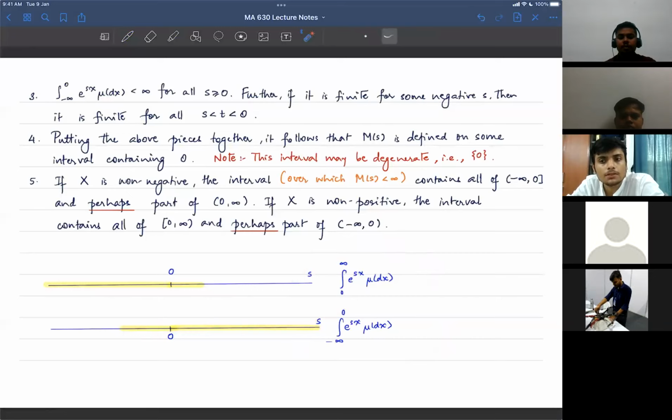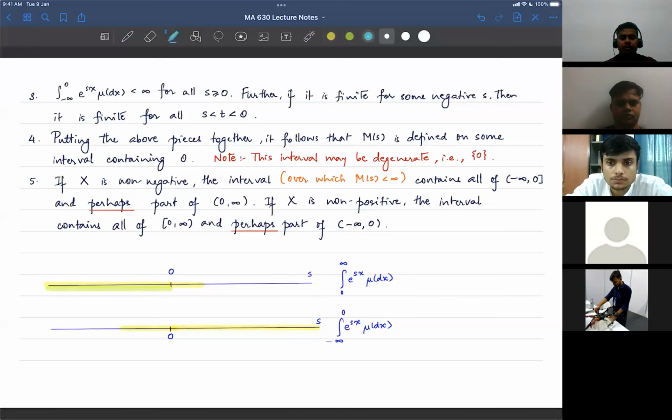So what we're saying is that, by the way, just to be clear, another possibility here is this. The green is another possibility. It is only finite for s negative and at s equals 0. That's it. You guys with me?